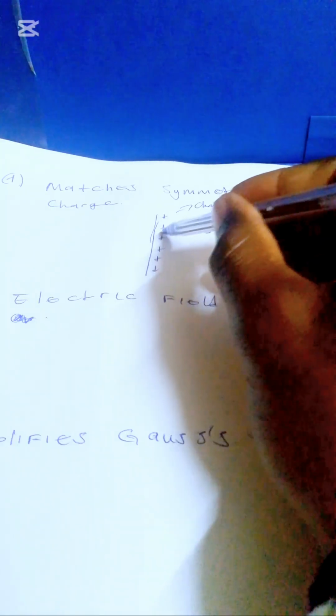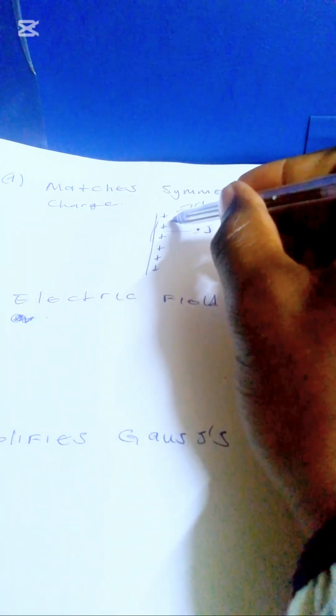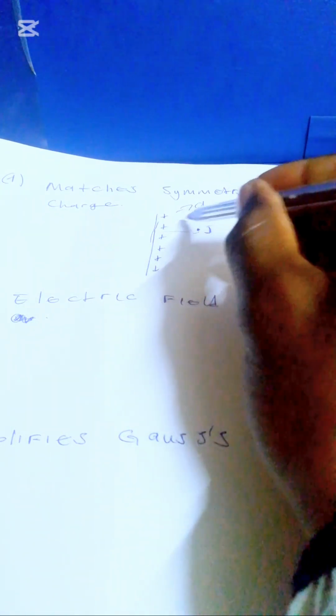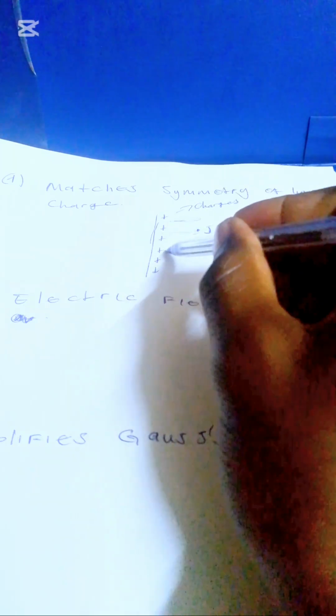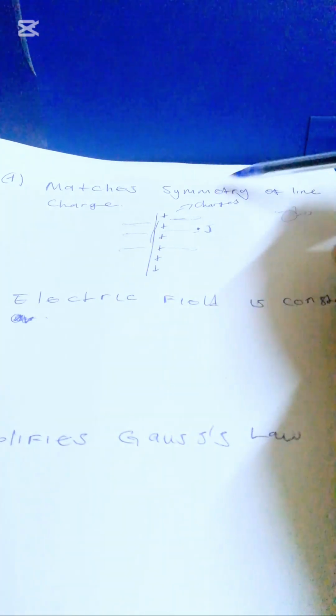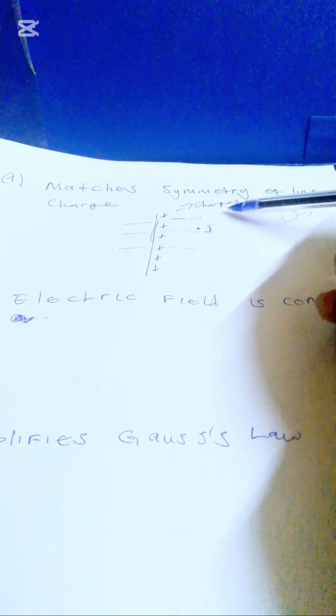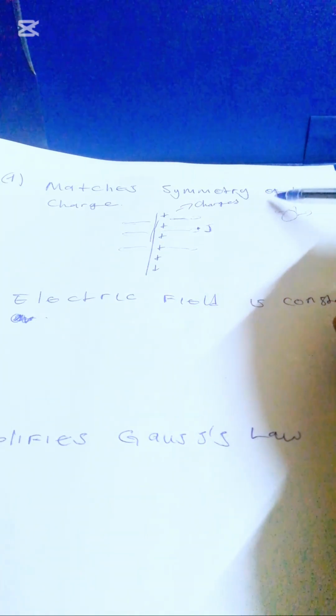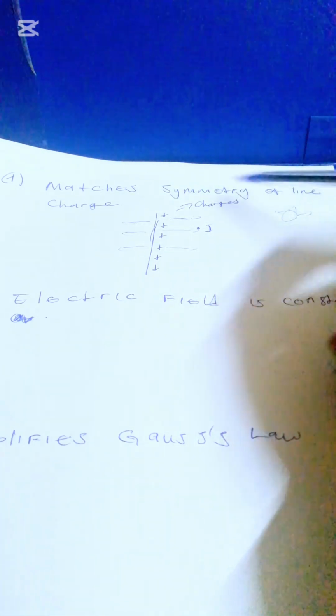So we are going to have electric field at that point, and if we have relative points from the same wire, they'll come out like that, even this side, like that and like that. So that's basically what it means, the symmetry of the line charge.